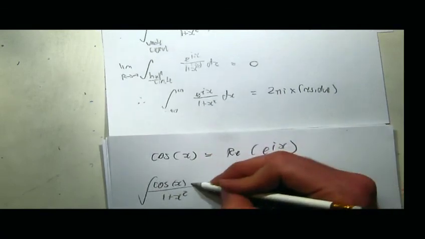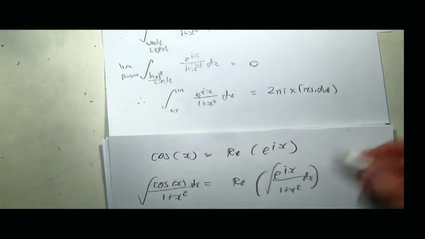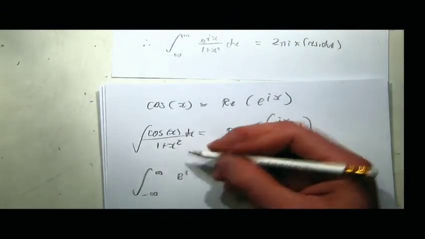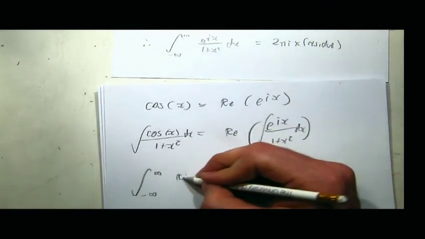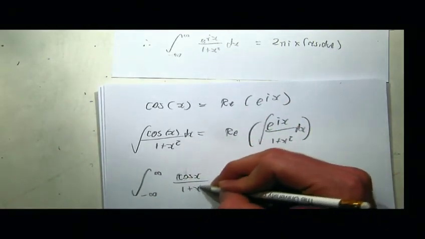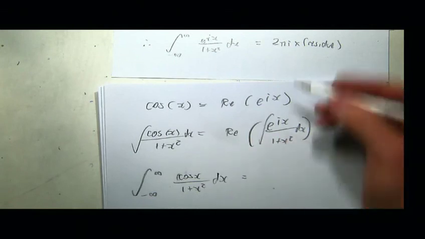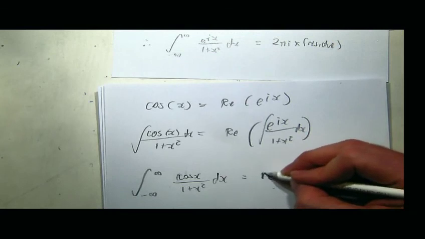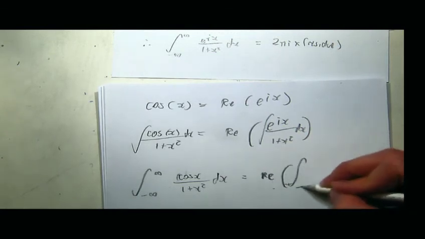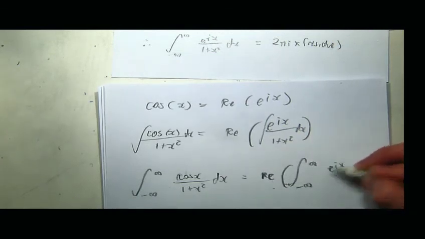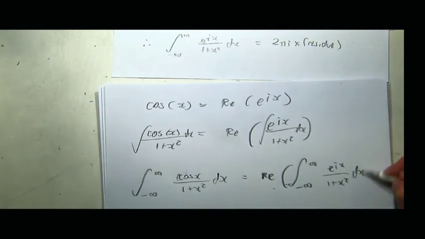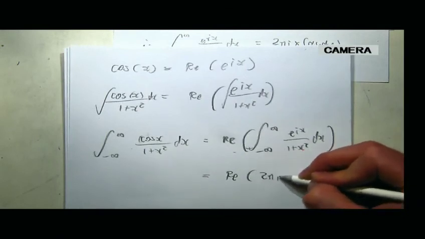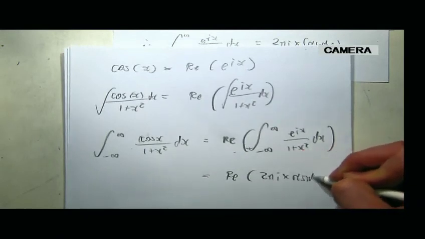And so the integral should work too. Right, so the integral from minus infinity to infinity of cos x over 1 plus x squared dx will be equal to the real part of this, which is the real part of 2 pi i times whatever the residue was.